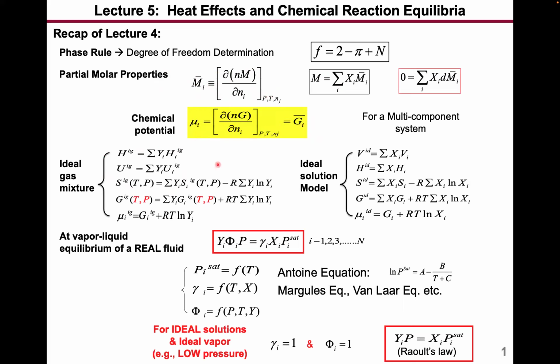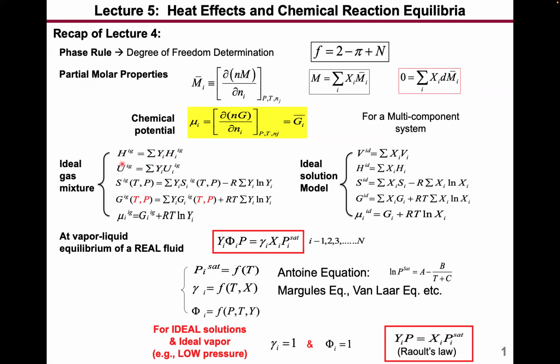And then from there, we actually use this equation to calculate the mixture properties, right? Again, in the ideal gas mixture model, the mixture property can be calculated using the molar fraction and also the pure species property in the ideal gas state as well.